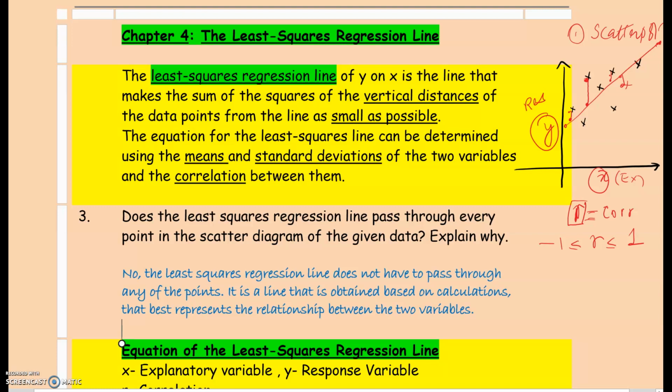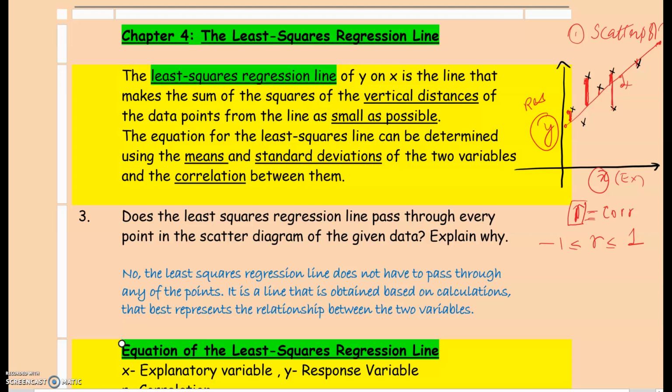So the regression line is the line that best fits the scatter plot, the data set. And it's a line that minimizes the sum of the squares of the vertical distances. And when I say vertical distance, it's this. We're looking at the vertical distances from the point to the line.